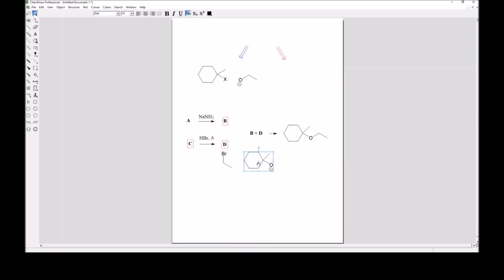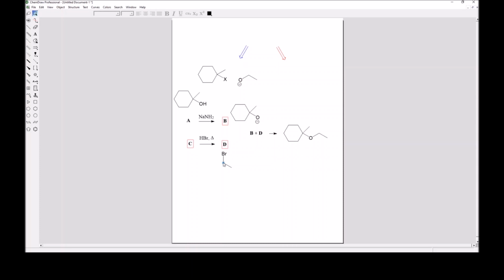And this compound up here that is deprotonated is going to be deprotonated using sodium amide. All sodium amide does is start off with some alcohol and rip its hydrogen off. So sodium amide is going to take this alcohol, that strong base will rip the hydrogen off, and we'll end up with this alkoxide. This alkoxide combines with this alkyl halide to form this ether over here.